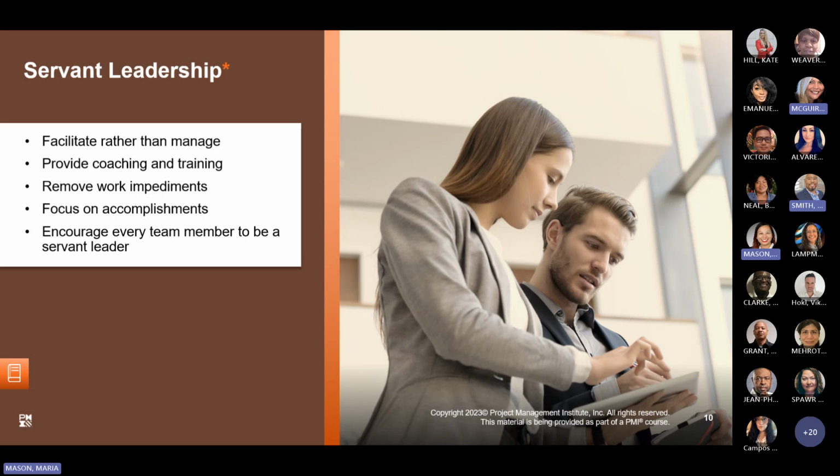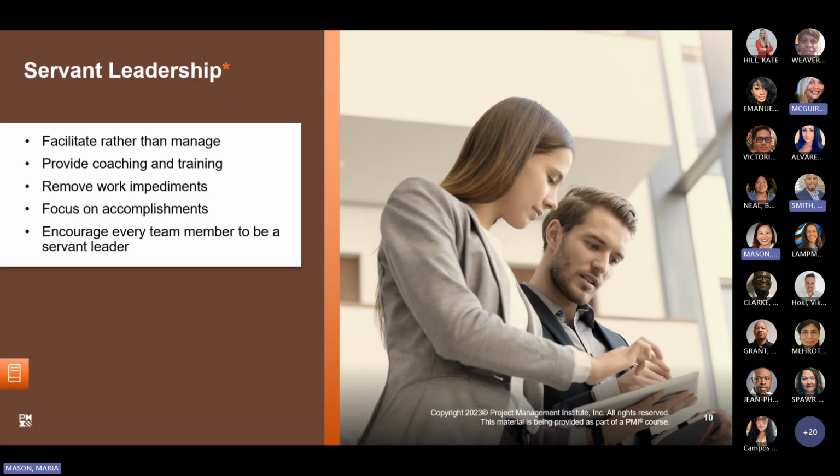Servant leaders help teams develop and grow as a group and as individuals. Servant leaders facilitate the team's work by providing coaching and training. They remove blocks that may impede work progress, either from people or processes, and they focus on team accomplishments rather than team misfires.